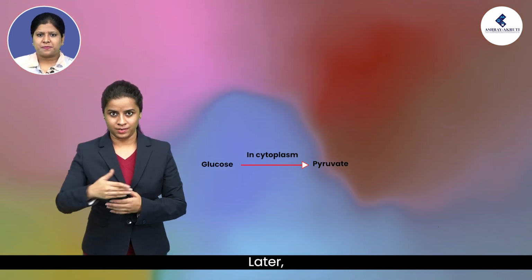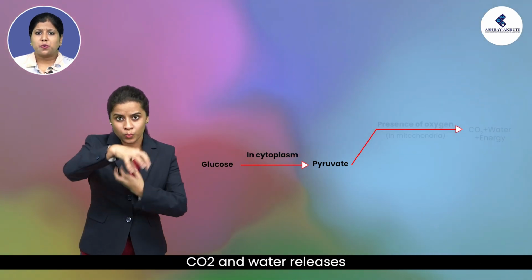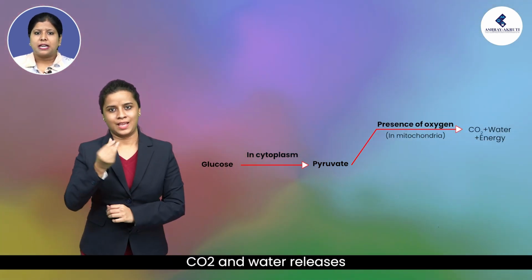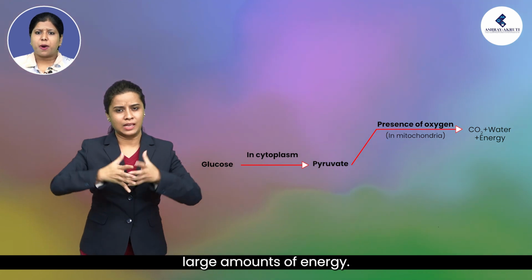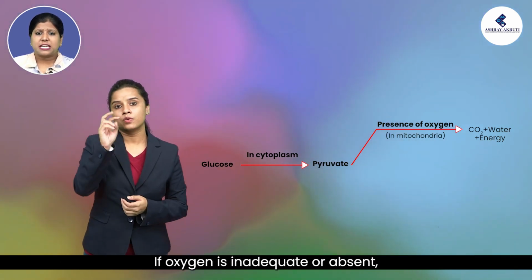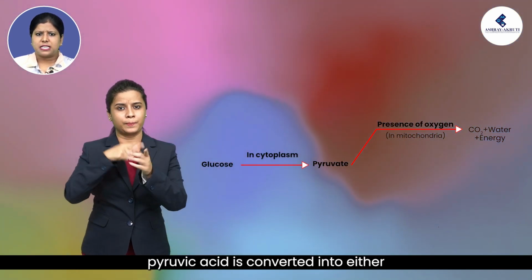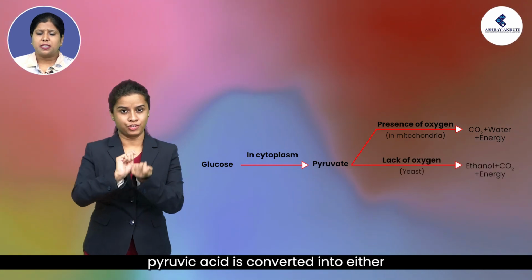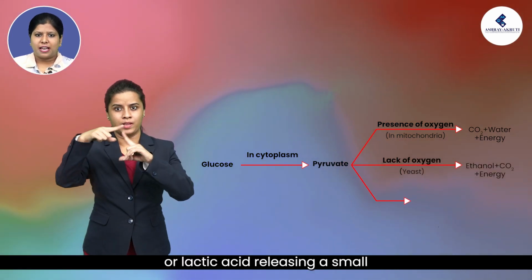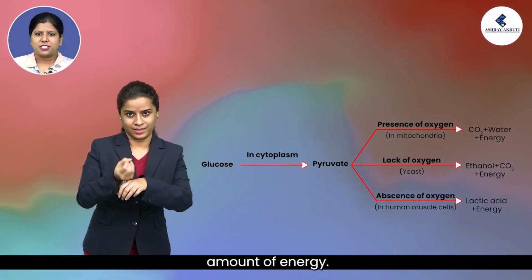Later, pyruvic acid is oxidized to CO2 and water, releasing large amounts of energy. If oxygen is inadequate or absent, pyruvic acid is converted into either ethanol or lactic acid, releasing a small amount of energy.